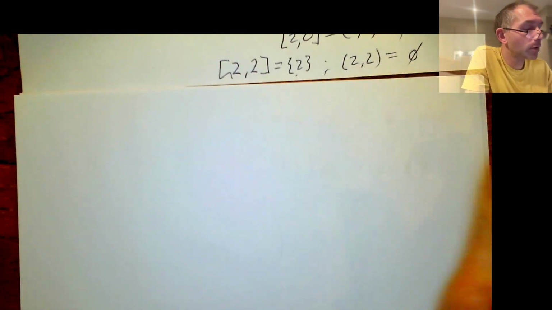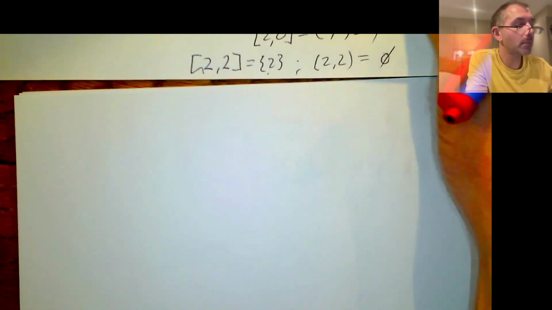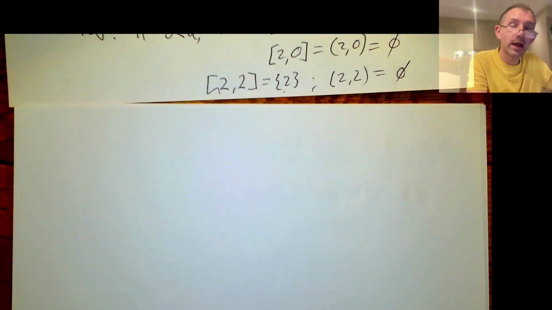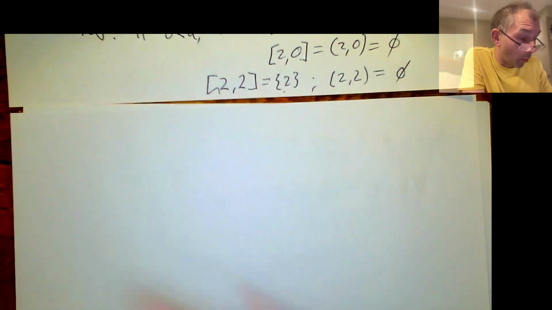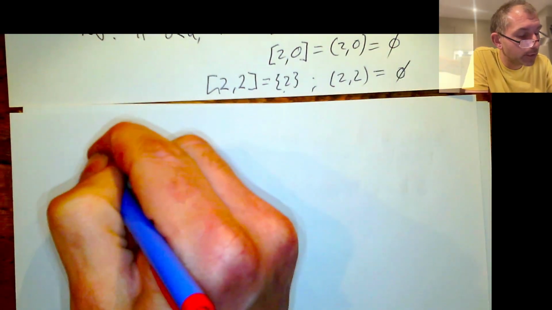Okay, there is one tiny further piece of notation. Sometimes I want to take all the numbers all the way from minus infinity, not including infinity, up to a certain point.